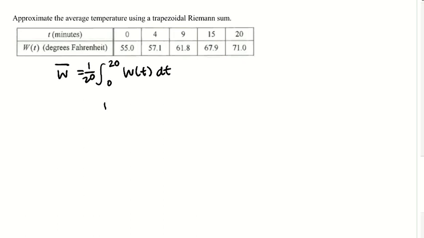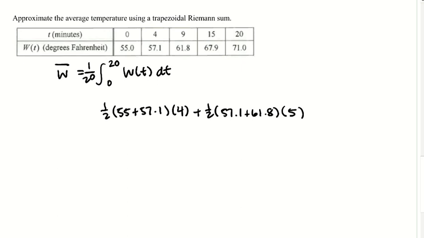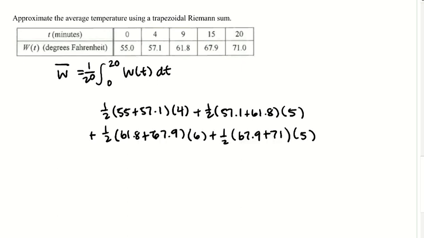Okay, so you average the bases, and then you multiply by the height. And then you average the bases, and multiply by the height. Do that 2 more times, which I just did for you, and then we're going to divide that by 20.